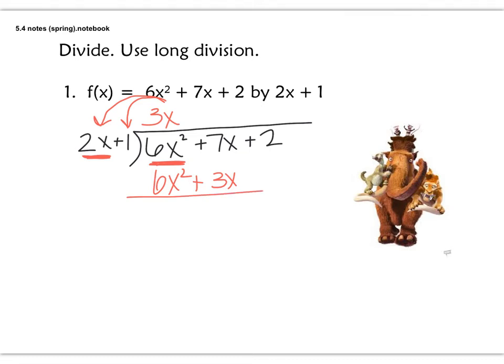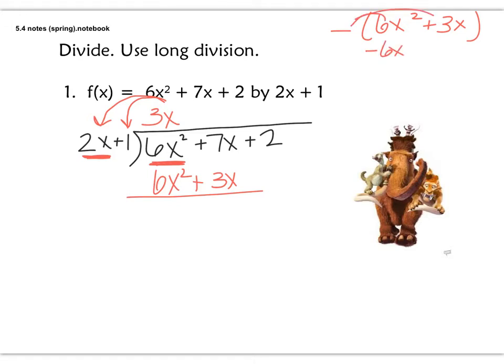Now, before when we did long division, which is numbers, this is where we would subtract. A little side note, guys: if I am subtracting an entire piece, I'm subtracting this whole thing, what happens to every sign inside of there? You'd have to distribute that.